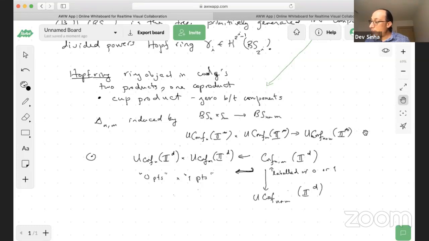And then what we can do is, given a pair of cohomology classes in these unordered configurations on the left, we can pull them back and then take the transfer of this. This is a covering map.